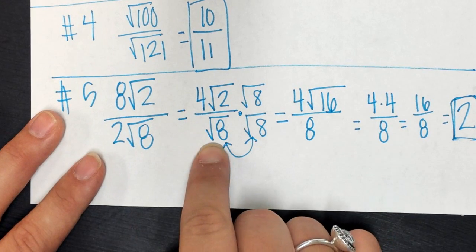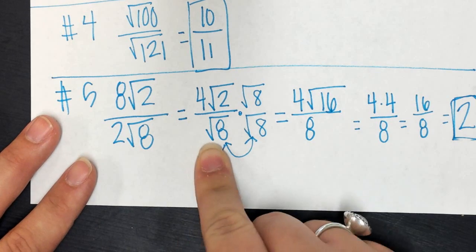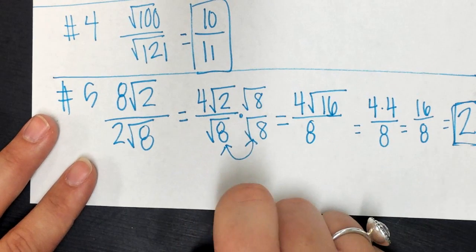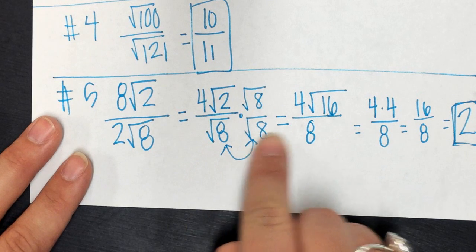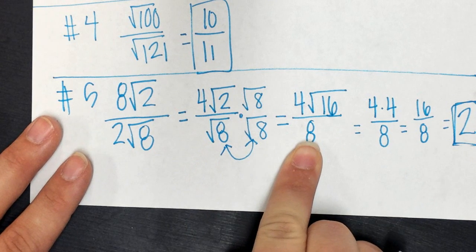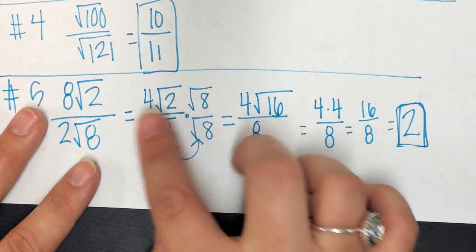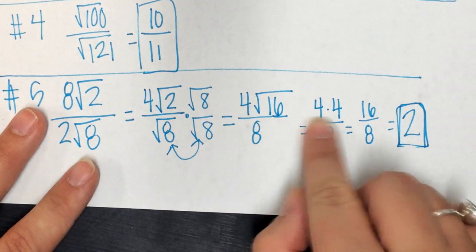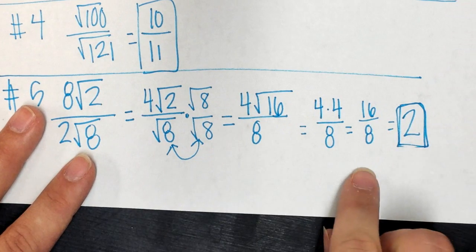Now I see a square root in the denominator, which we are never allowed. So we rationalized it. Square root of 8 times the square root of 8 is the square root of 64, which is 8. And then 8 times 2 is 16. Bring your 4 over. Square root of 16 is 4. 4 times 4 is 16, divided by 8 is 2.